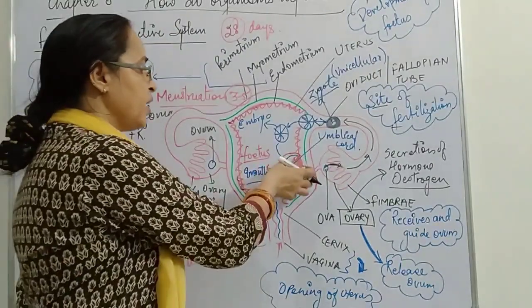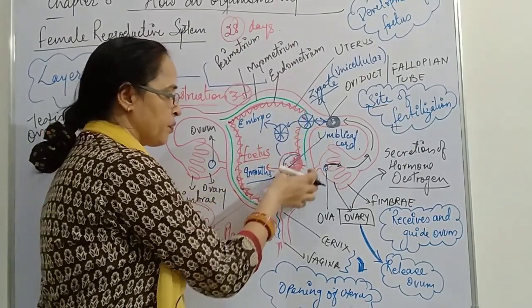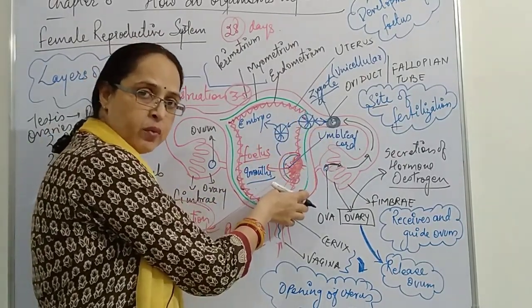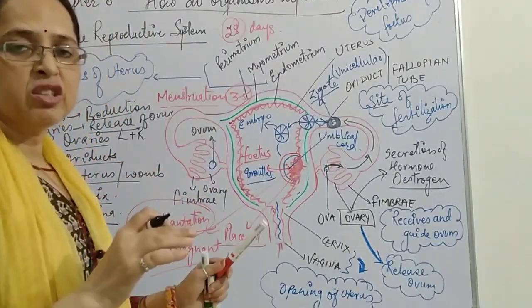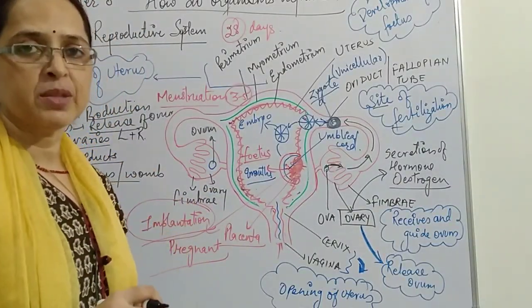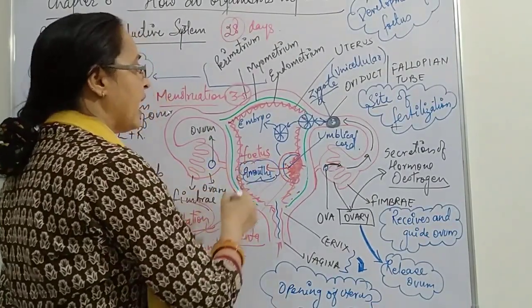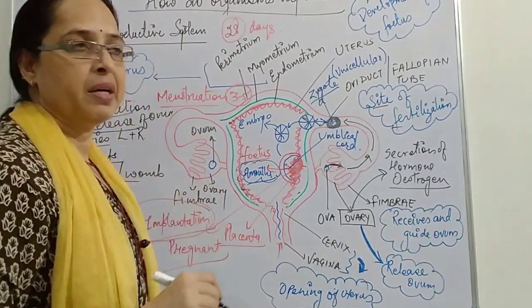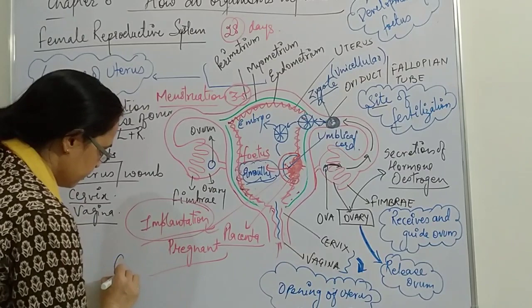That means from the day of attachment of the embryo to the endometrium, or the uterus wall, till the delivery of the fetus, or we say the birth of a baby takes place. That time period is 9 months.